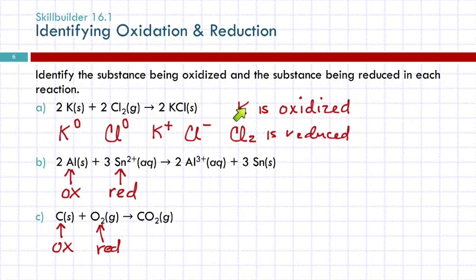The potassium is oxidized, the chlorine is reduced. So which one is the oxidizing agent? The chlorine, because the chlorine causes the potassium to be oxidized. So here, I'll do these in blue. These are the answers to the question on the next slide. The chlorine is reduced.